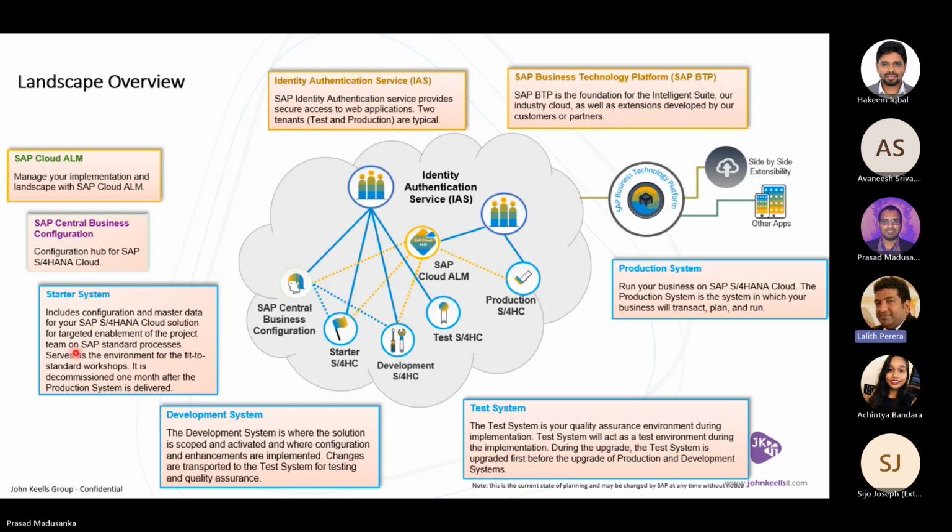What is the limitation here? For some best practices, you can't add configuration. For example, for sales order types you can't add customization. You need to maintain the standard order types. Likewise, some configuration you can't do in public cloud as compared to private cloud.